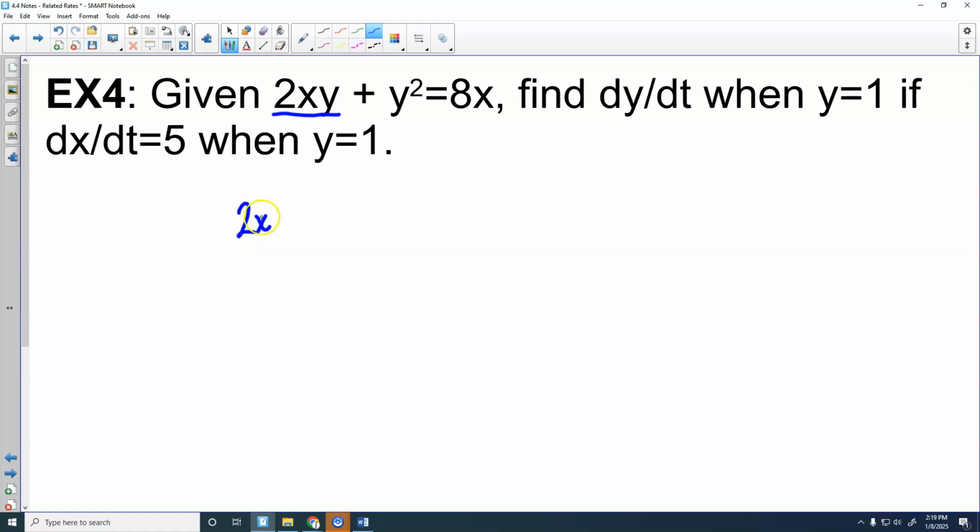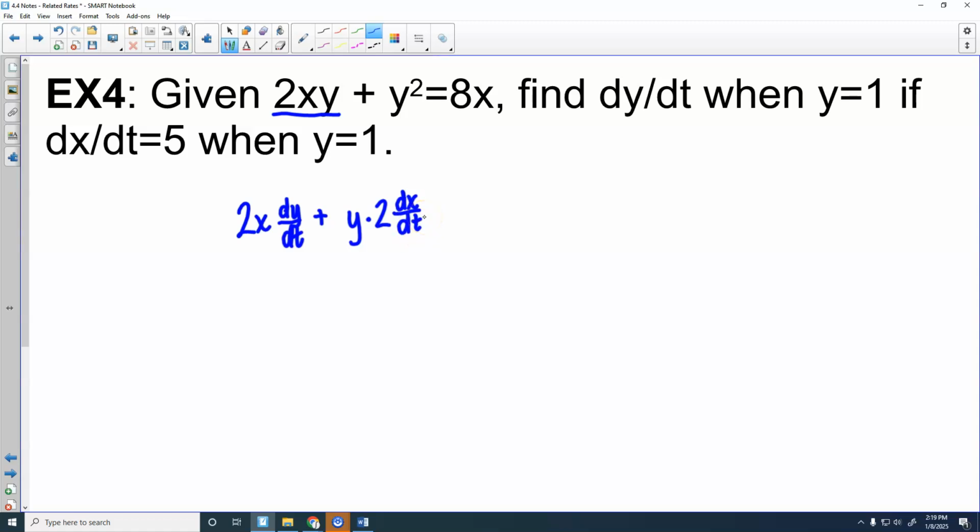So we'll have 2x times the derivative of y, which is dy/dt. And we know we're doing dy/dt because it's asking us to find dy/dt, so we have to take the derivative with respect to t. Plus, we'll have y times 2, but with that we have to put dx/dt.